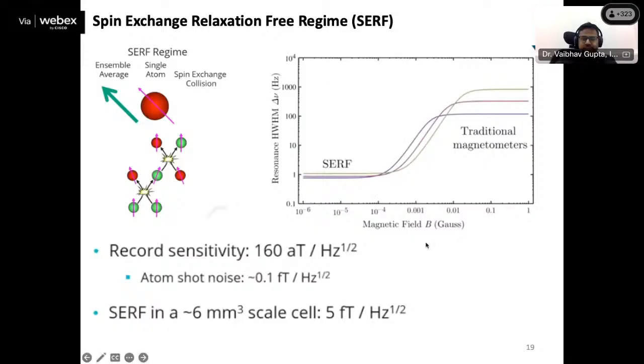So here is the graph where you could see the magnetic field, in Gauss, and you see that the SERF regime works in the areas where the magnetic field is quite weak, 10 to the power minus 6, minus 5. As soon as you increase the magnetic field, you go into the traditional magnetometer regime, and here you see the FWHM, the full width at half maximum, is quite broad in all these systems.